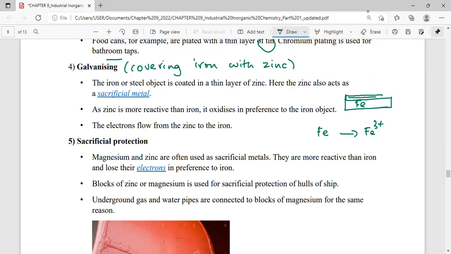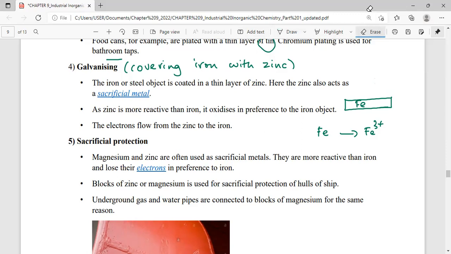There's a layer of zinc here, right? As the zinc reacts with oxygen, it will begin to corrode. Even when it corrodes, if there is zinc left, it will still protect the iron. But let us say all of the zinc has corroded and gone, then of course there is no zinc to protect the iron. So the iron will begin to rust.